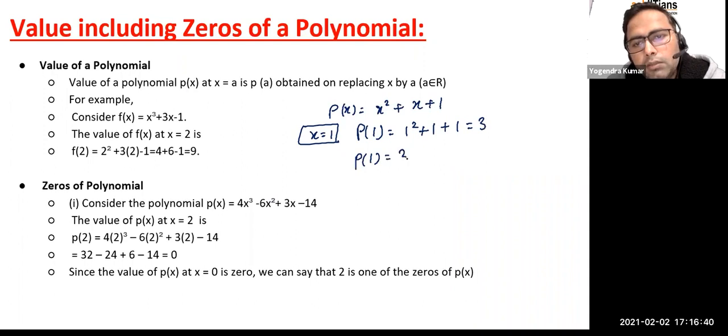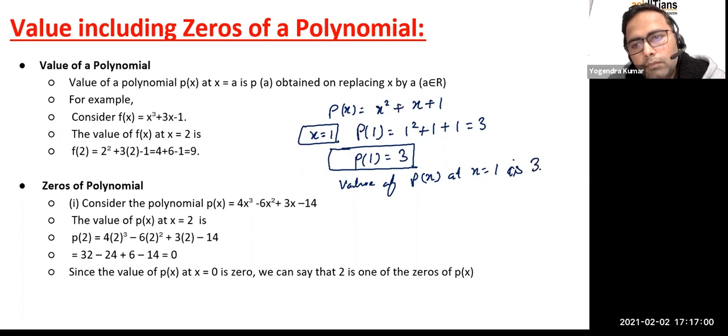We are getting 3. So what we say here is, the value of P of x at x equals 1 is 3. Are you getting me?